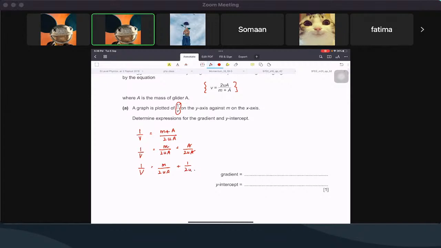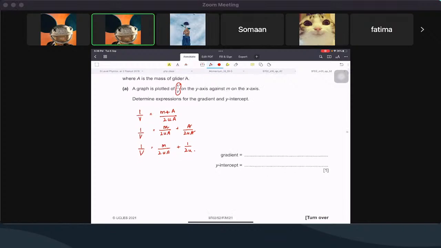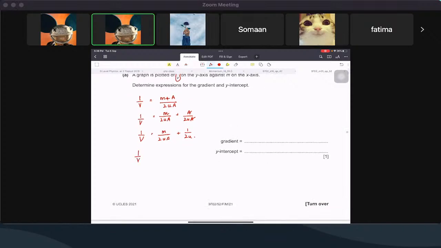Now you need m on the x-axis, so what you're going to do is write it as 1 upon v equals 1 upon 2ua times m plus 1 upon 2u. I can write it like this, right? Just separate it.